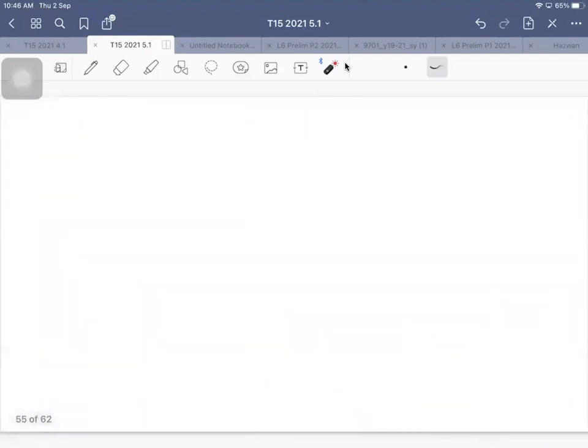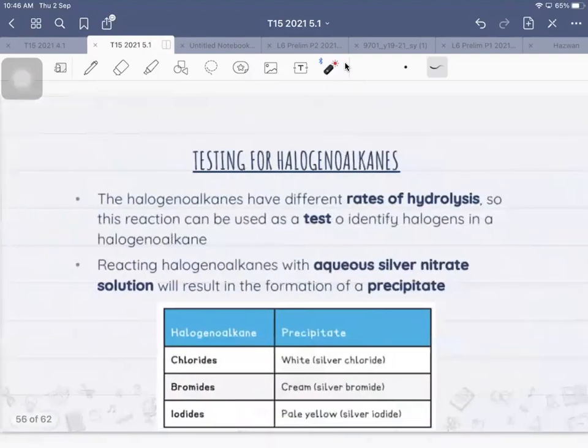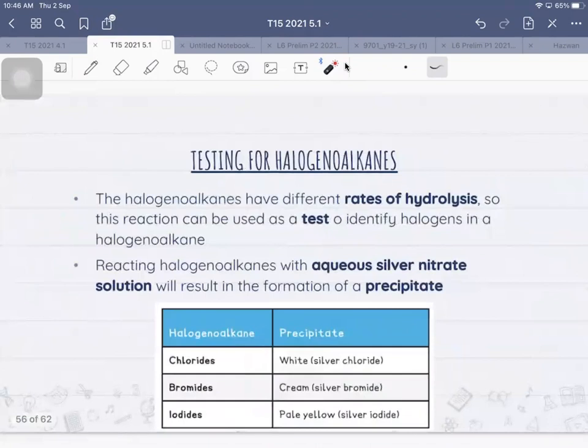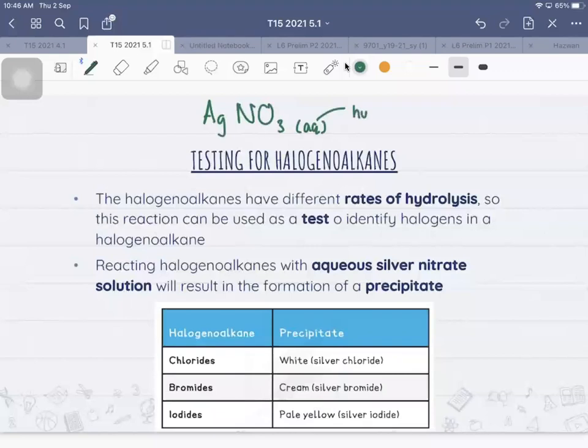So the implication of this is when you use aqueous silver nitrate, the water will first hydrolyze your halogenoalkane, and then your silver ions will combine with the halide ions.